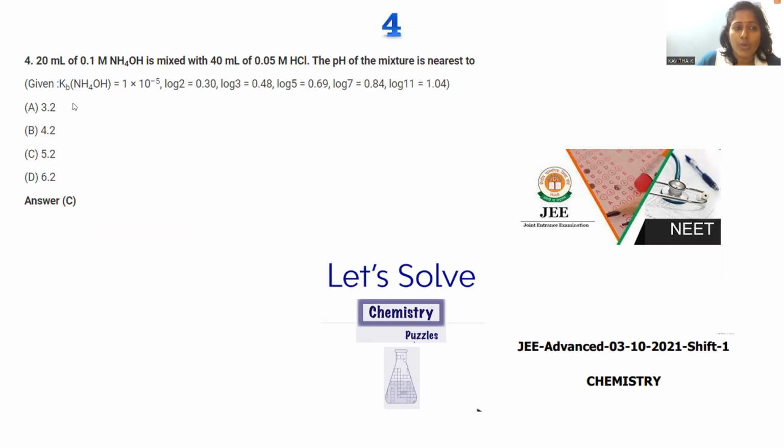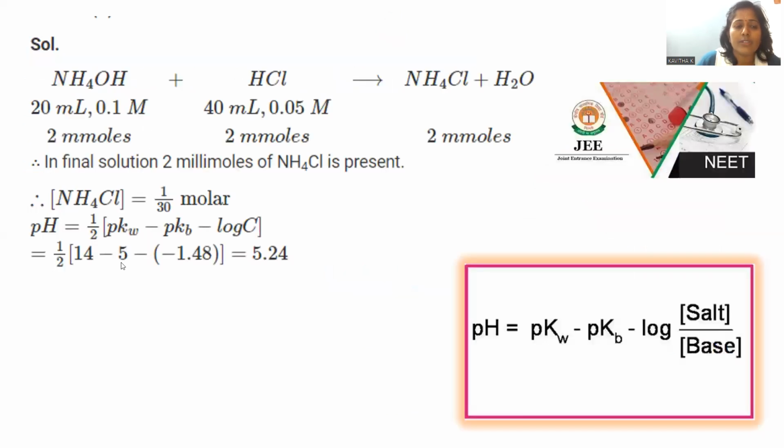If you want to find out pKb value, that is a negative log of this 1 into 10 to the power minus 5. Negative log of 1 into 10 to the power minus 5, power 5 will come here. Log 10 value will become 1 only, so that pKb value will become 5. And here is the log C, that 1 by 30 value can be taken as minus 1.48.